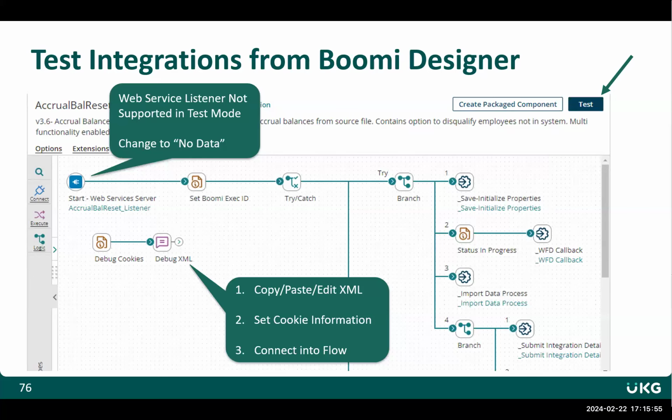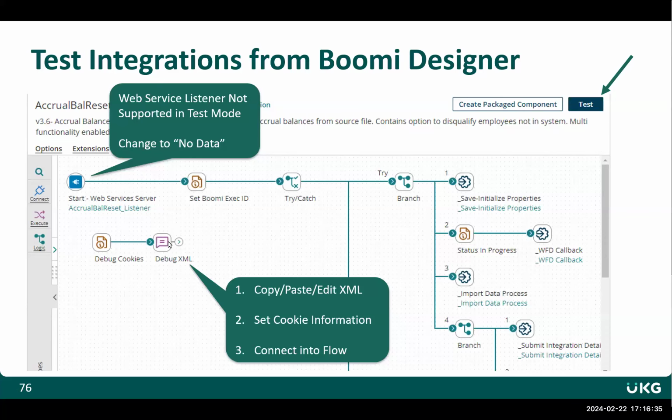Now, also in that XML is some cookie information that we're going to use for the authorization header of all of our API calls. But the cookie information that's included in whatever XML you just copied has probably long since expired. So the XML will be good, but the cookie in the XML won't be good. So that's why there's two shapes here.